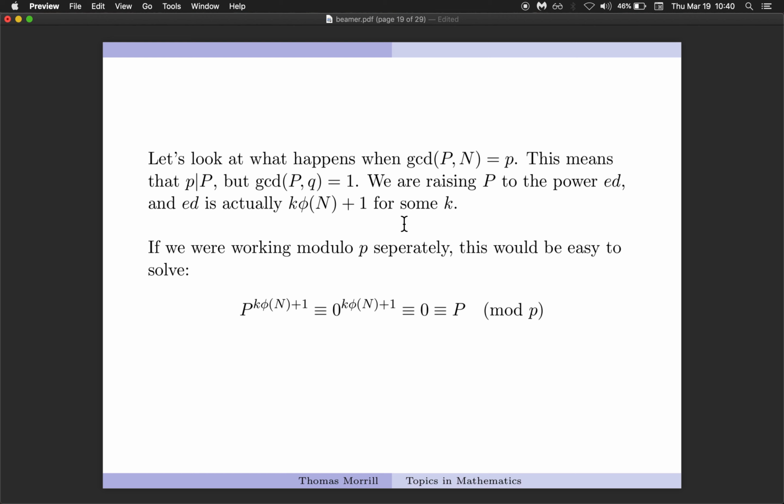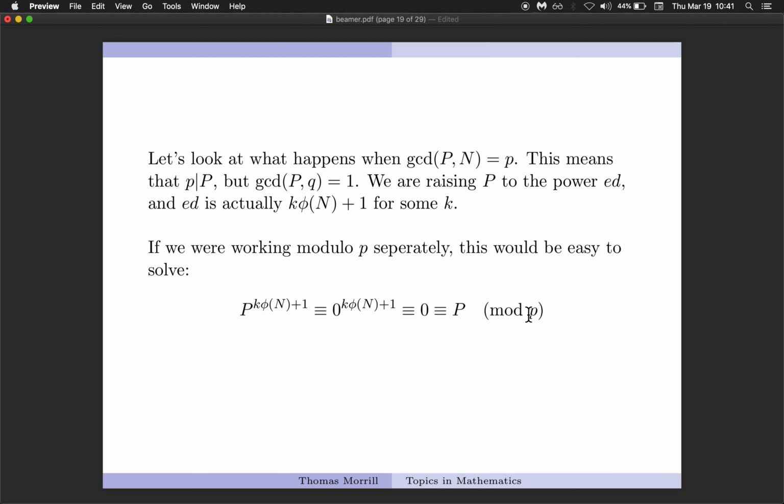What we want is that the message raised to this power should come back to exactly capital P again. So capital P to the power e will be some ciphertext, and then to the power d should recover the plaintext message. That is our decryption. So this would be very easy to solve if we could work modulo the two different primes separately.